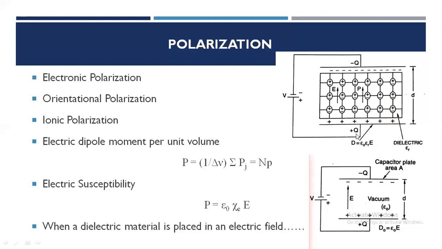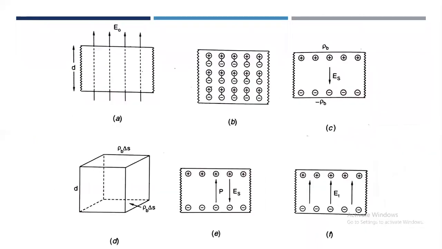Here the figure shows a capacitor with and without dielectric. The upper figure shows how the field is created, and the lower figure shows the creation of dipoles. For analysis, consider a plane dielectric slab of thickness small d.